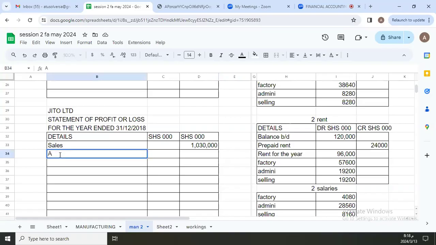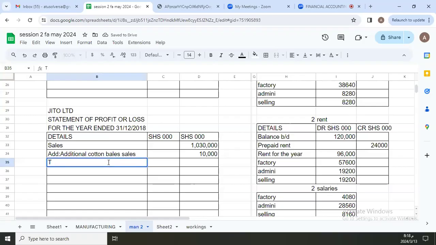So you say add additional cotton bales sales of 10,000.